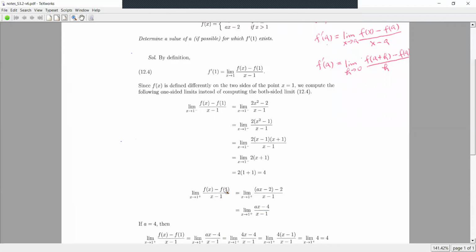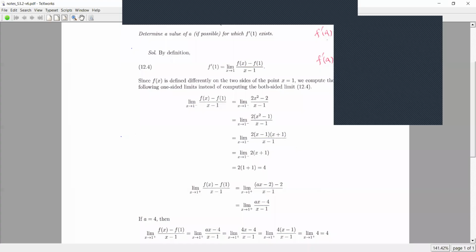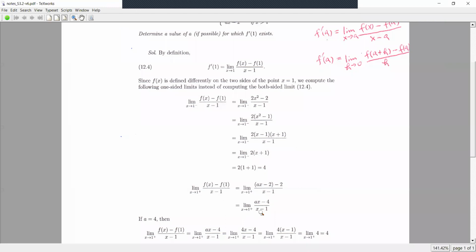Function value at 1 is 2. Therefore, I have this equation. Simplify the numerator a little bit, then I have this equation. The value of this limit depends on the value of a.